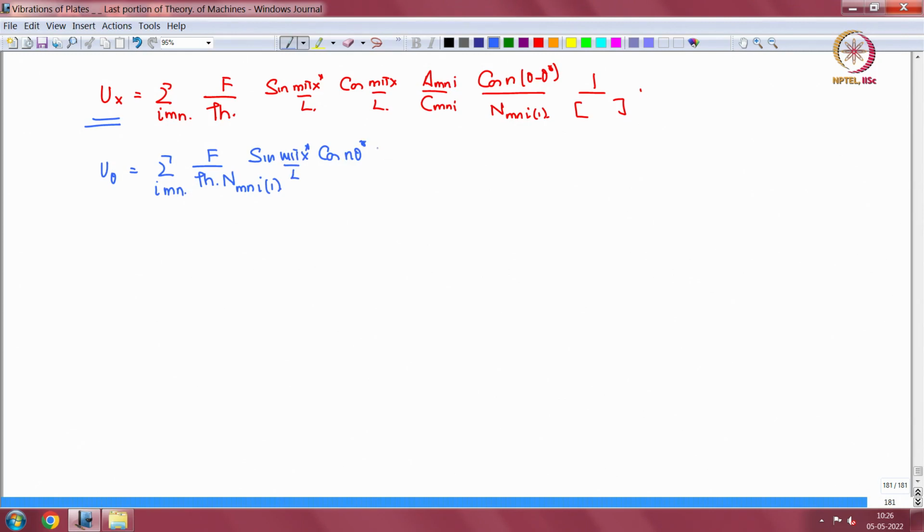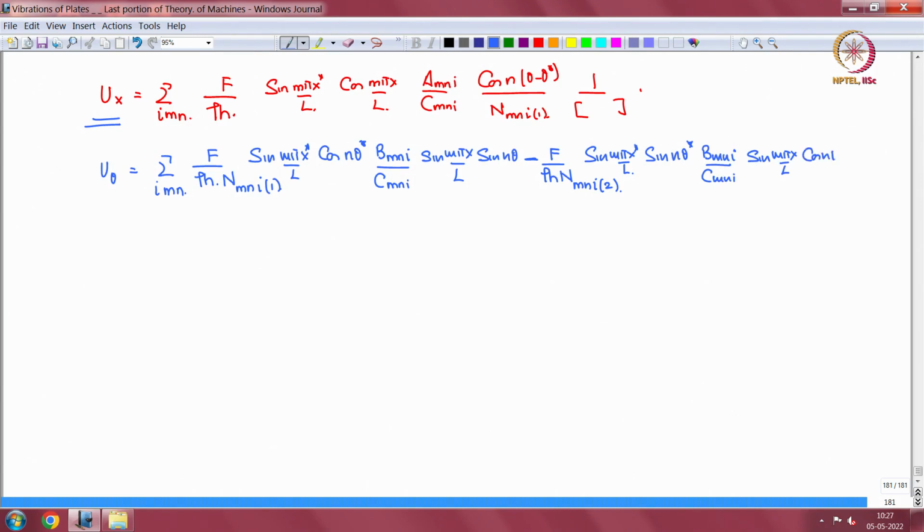Now the mode shape B m n I by C m n I, sine m pi x by L sine n theta from the first set, and the minus that we should not forget, f by rho h, n m n I 2, sine m pi x star by L sine n theta star, and again the mode shape from the second set B m n I by C m n I, sine m pi x by L cos n theta, and the frequency term we should insert somewhere.